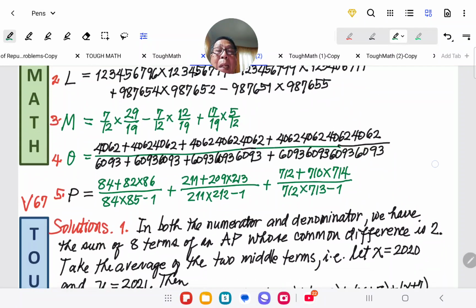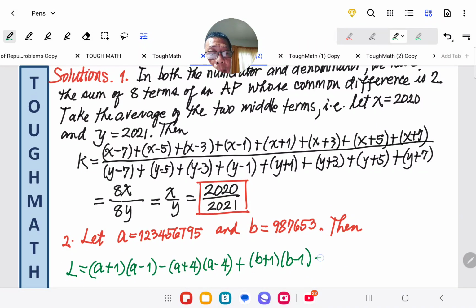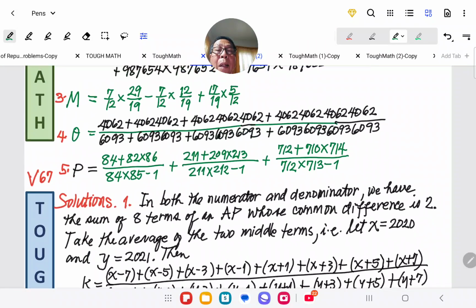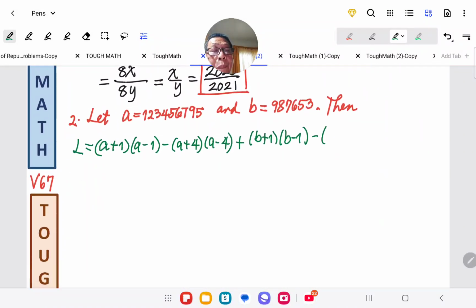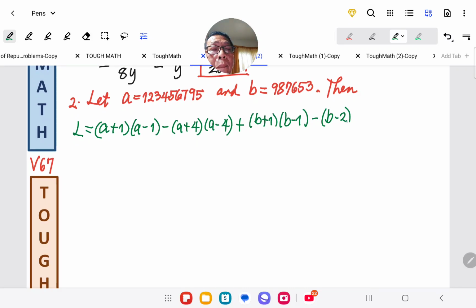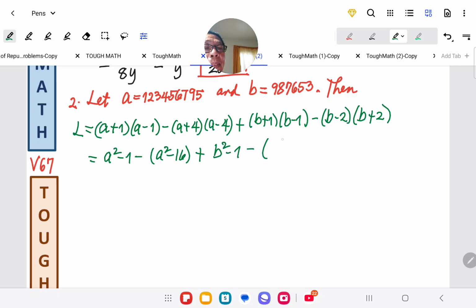Minus, so that's minus b minus 2 and then b plus 2. Okay, so we have a squared minus 1 minus a squared minus 16 plus b squared minus 1 minus b squared minus 4.